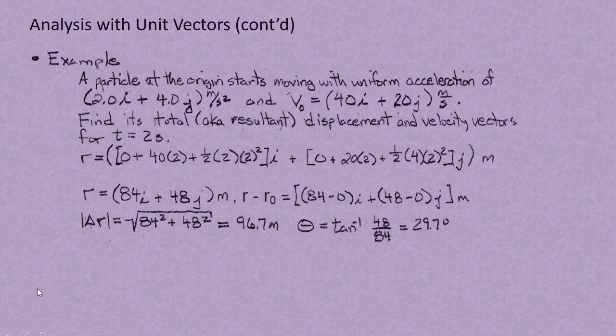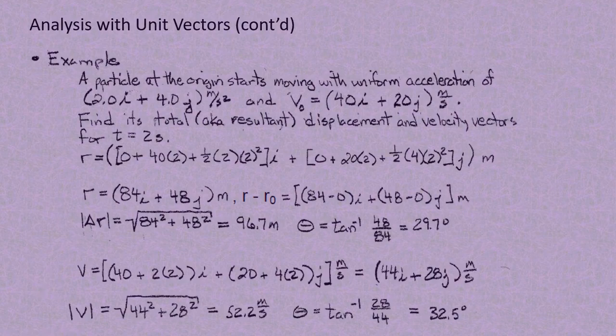Let's move on and take a look at the velocity vector. Here we use our formula from the previous slide, and the v sub x velocity magnitude is just v sub naught x plus 2 times the acceleration. So the v sub naught x was gotten right up here from our v sub naught unit vector, and the 2, which is the acceleration, was gotten here from our unit vector for acceleration, and of course the 2 here is the time that was defined in the problem.